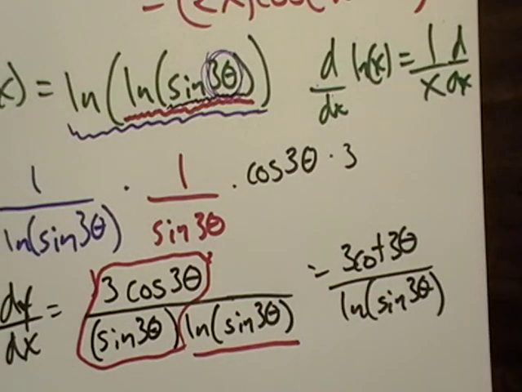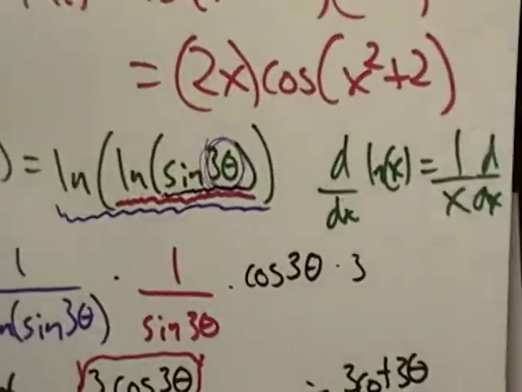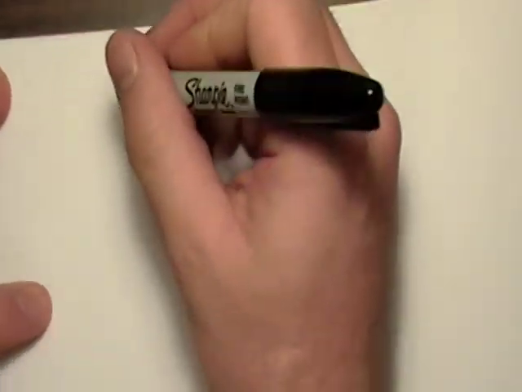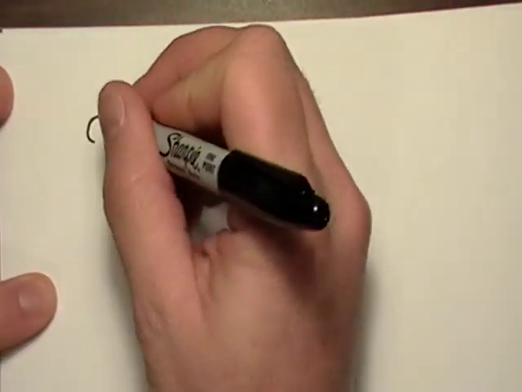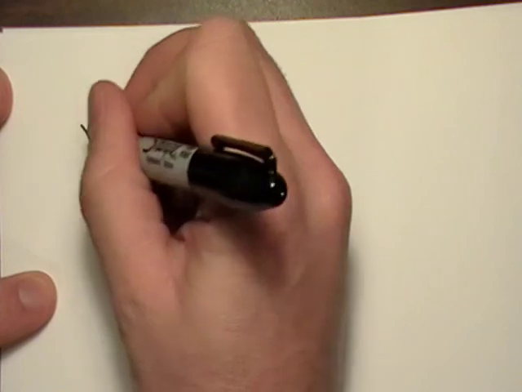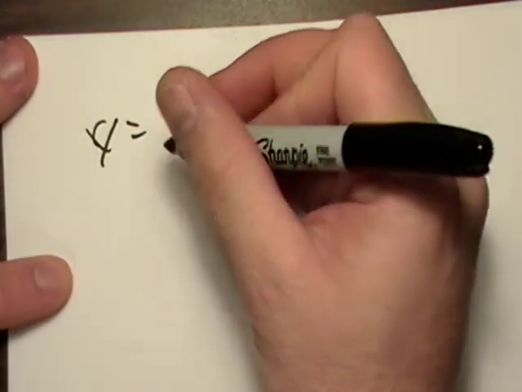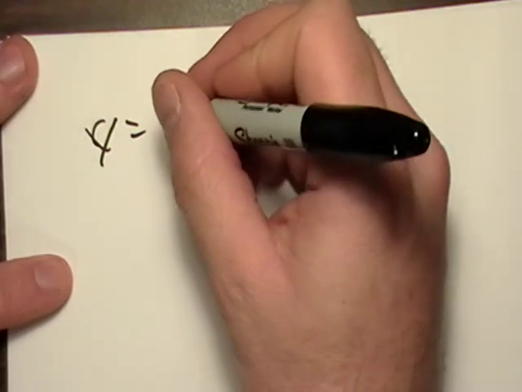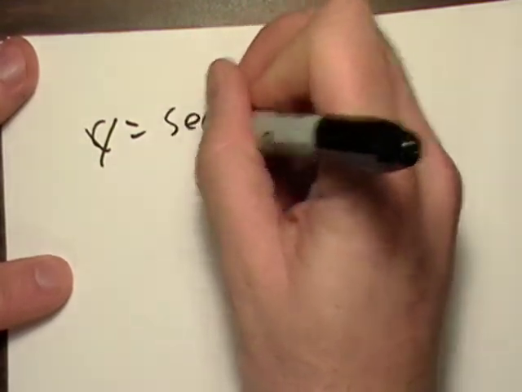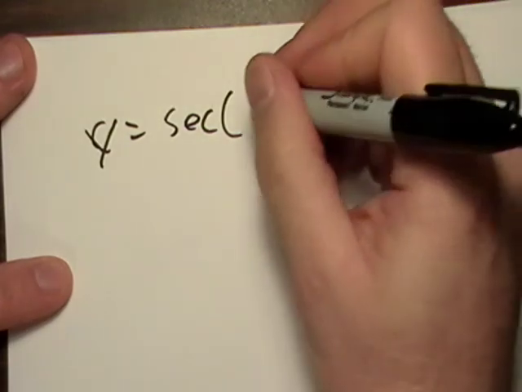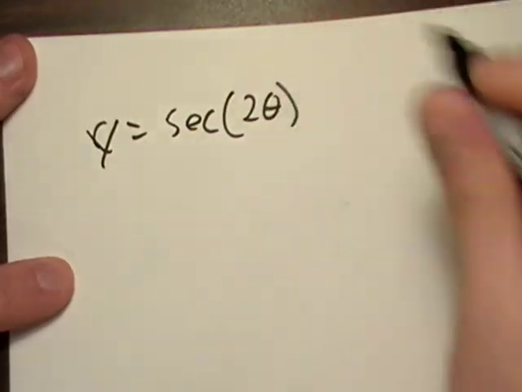So let's see, how much time do I have? Do I have time for another one? Maybe let's do a more mellow one. That one was kind of intense, especially if it was your first chain rule. So let me think of another one. Let's go y equals secant of 2 theta.